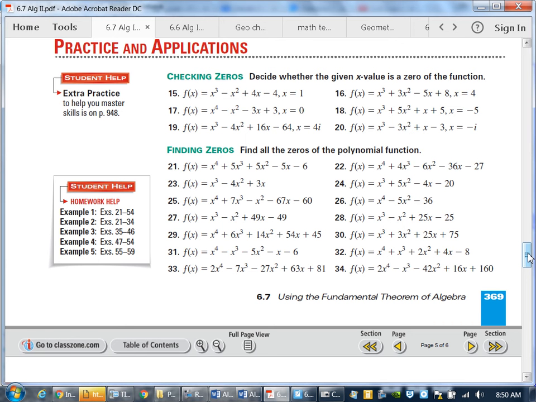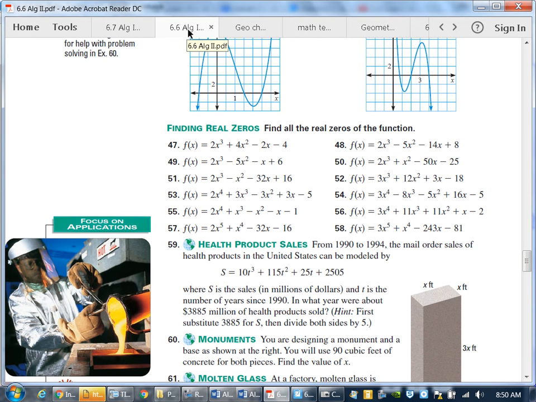I was trying to see if I could squeeze things in to go into testing tomorrow, but obviously I'm not going to do that because I can't give you guys that fast of a turnaround. I don't think it's fair, but I think we've gotten to the point where we probably could have. So what I want to do today is mix things together about finding zeros. Which one was it that had the real zeros? 6, 6, right? Yeah.